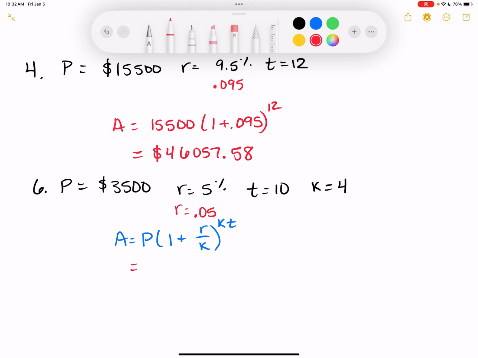So this is going to be 3,500 times 1 plus 0.05 divided by 4, raised to the 4 times 10. Now, if you want to write that as 40 instead of writing the 4 times 10, that's fine. I'm just going to write out each little piece because obviously that's what's happening.